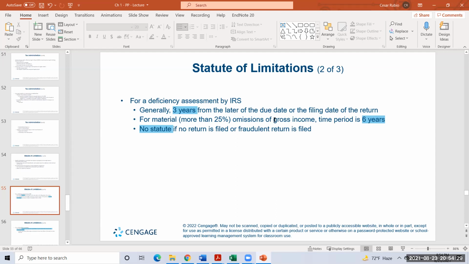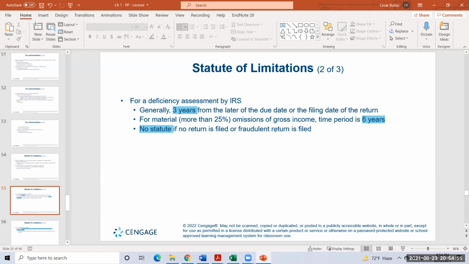This happens when you have your own business, or you may have rental property and you're collecting rent and not reporting 100% of it. And somehow they find out that you're omitting a lot. If that's the case, then they can reopen all the way up to 6 years.